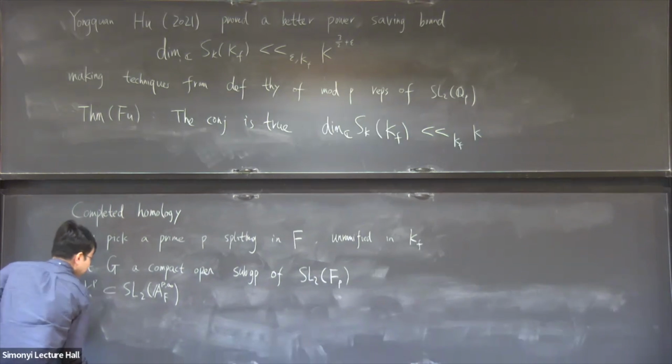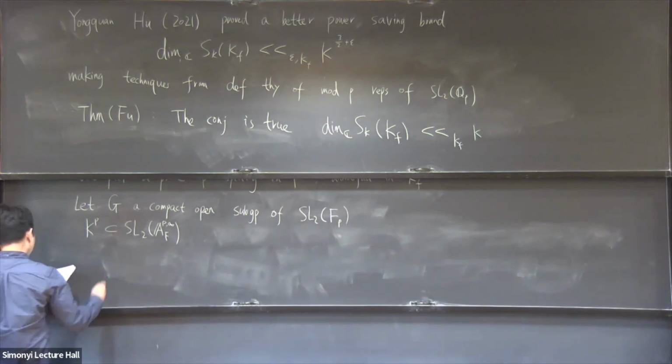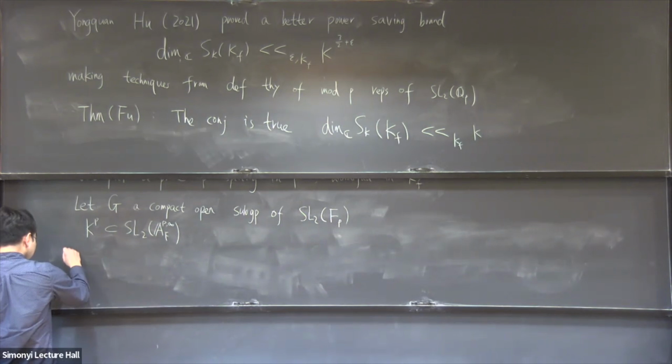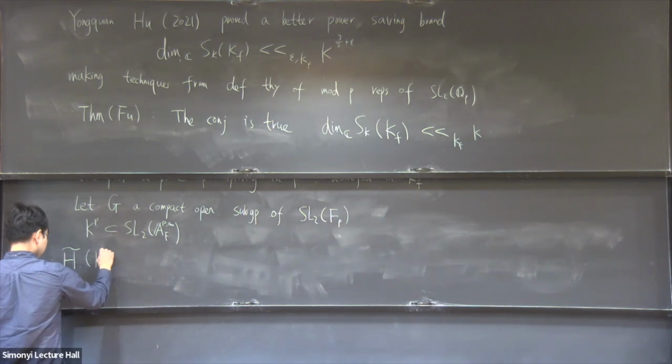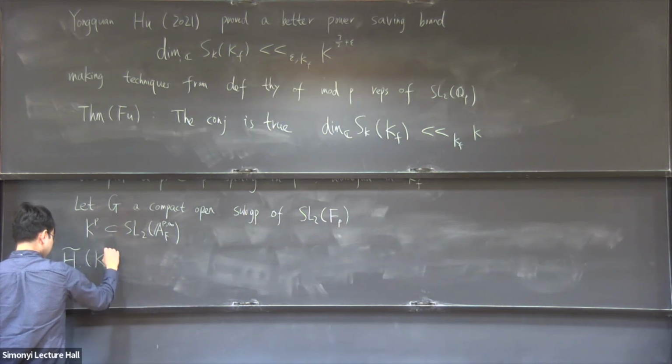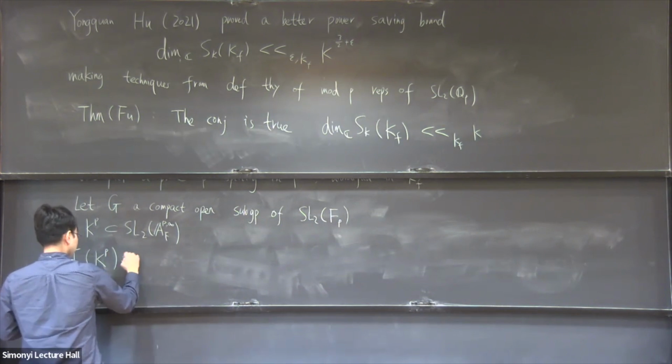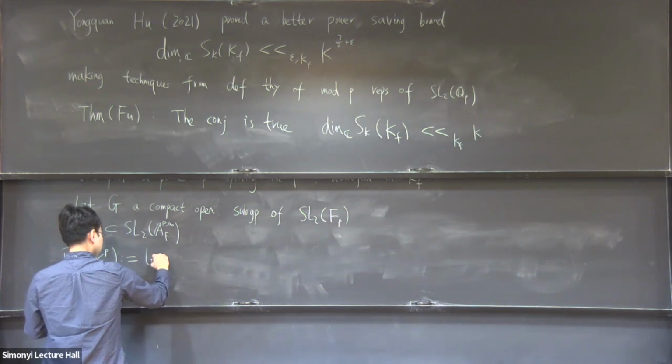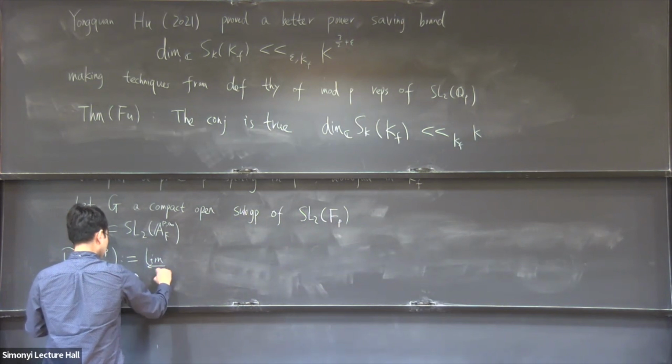Emerton defines the completed homology as the following double limit.